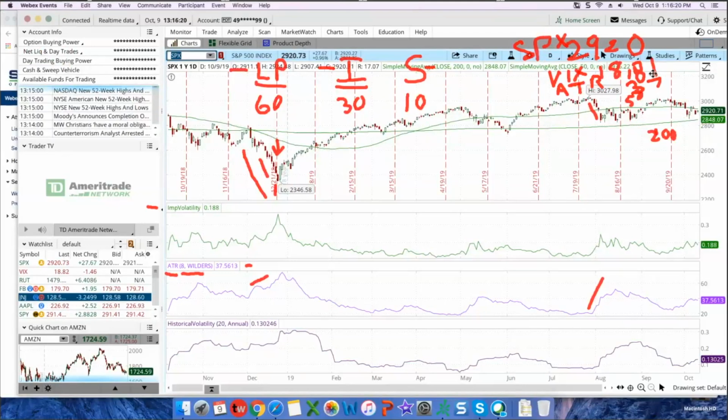So we're still doing all of these trades, but with SPX at 2920, let me ask you a question. How far are we off the all-time highs in the history of civilization? The all-time high in the history of our universe has been 3027 in the SPX. Right now, as we speak, we're at 2920.